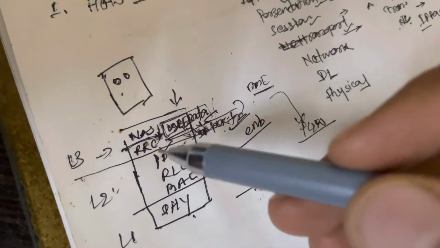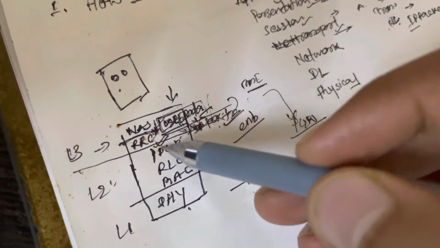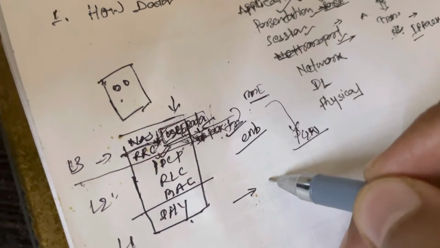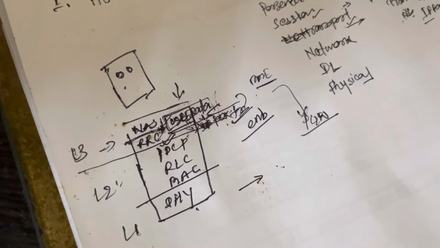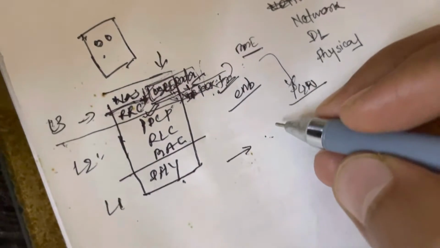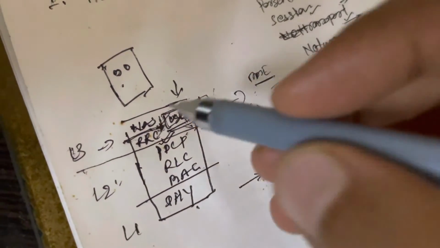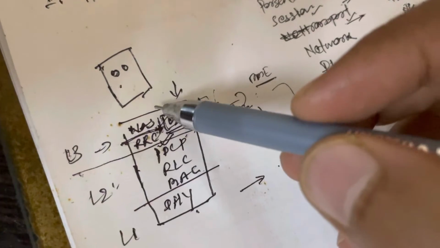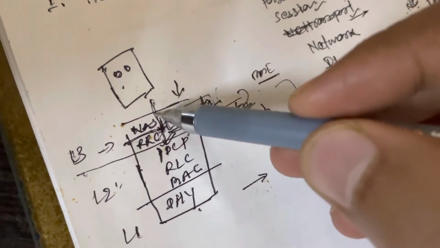Okay, so you know the purpose of the NAS message and the RRC message. Through the RRC message, we establish the radio connection with the eNodeB. And here I want to tell you one more thing. In layer 3 there are two types of data.